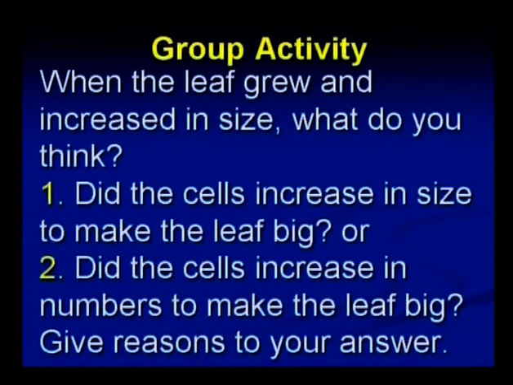Those of us who went for the second one, the cells only increased in numbers. Why did you choose that? Are we ready? I think the cells increase in population when they reproduce. There are more cells.